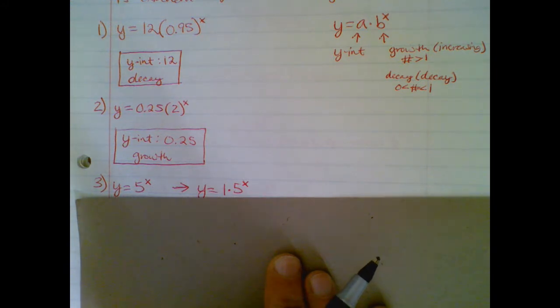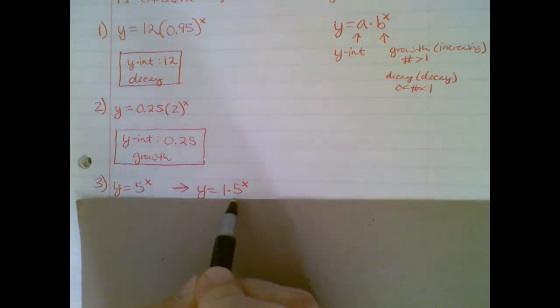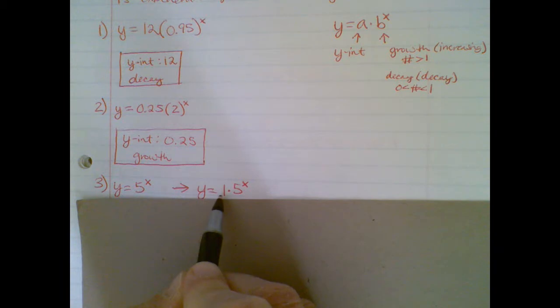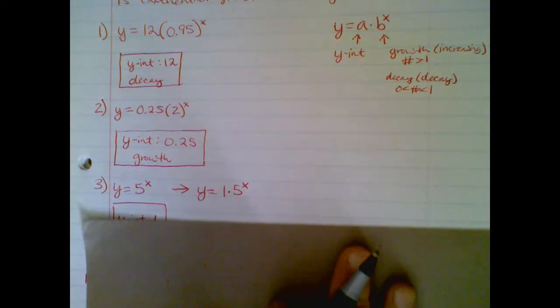So we could rewrite that as y equals 1 times 5 to the x power, the exact same thing. So then if we rewrote it, that 1 is going to be our y-intercept, so it crosses at 1, and then that 5 is a number greater than 1, so it is exponential growth, or it's going to be increasing if you look at your graph.